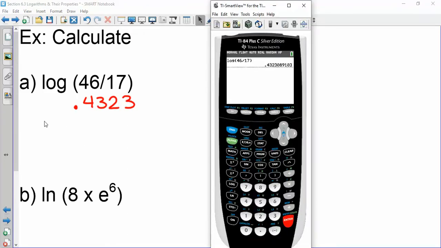The other log that we can do on our calculator is ln. We'll talk about this more later. It's the natural log. It's a log with a base of e. But all you really need to know right now is you have an ln button right below your log. So you just hit ln 8 times that e is, if you hit second and the ln button, it puts in the e, and we do our 6th power.